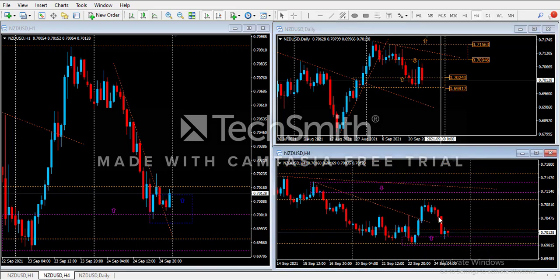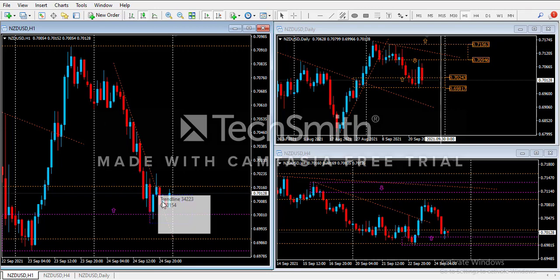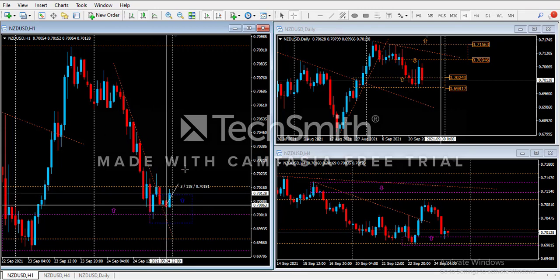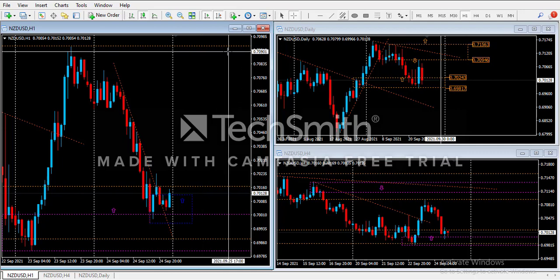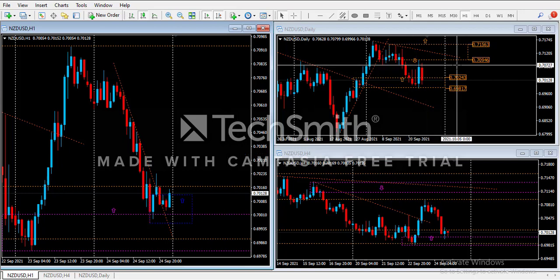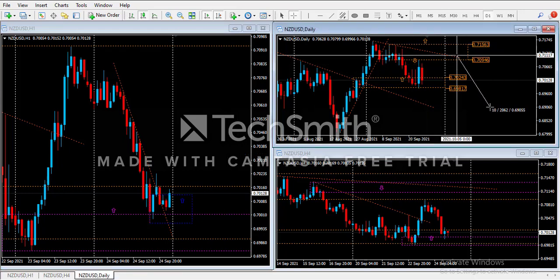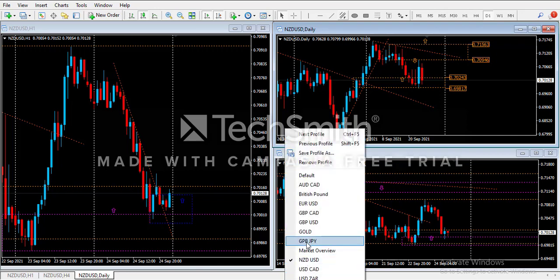On the 4-hour, also we have ranging, so we are waiting for buy movement, when on the 1-hour chart the downward tendency changes to buy movement. So we are waiting for a change on the 1-hour chart to trade upward correction movement, and then deeper sell movement from the supply area on the daily chart.